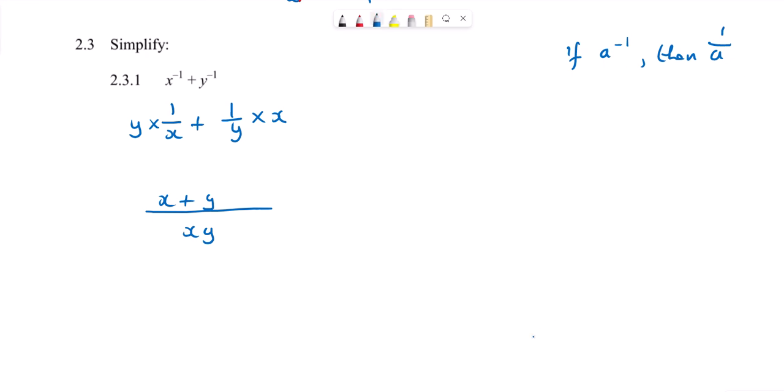Now how did I do this? The common denominator is x times y.